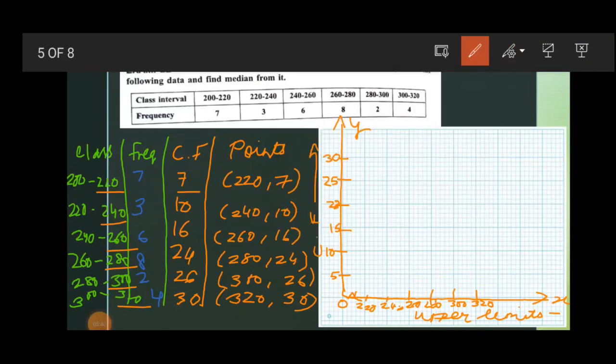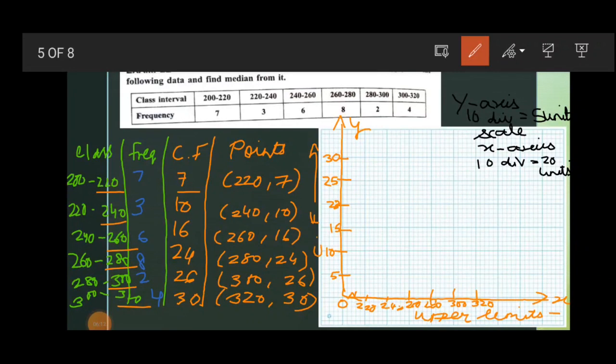Now plot first point, write down scale also. On x-axis, 10 divisions is equal to 20 units, and on y-axis, 10 divisions is equal to 5 units.